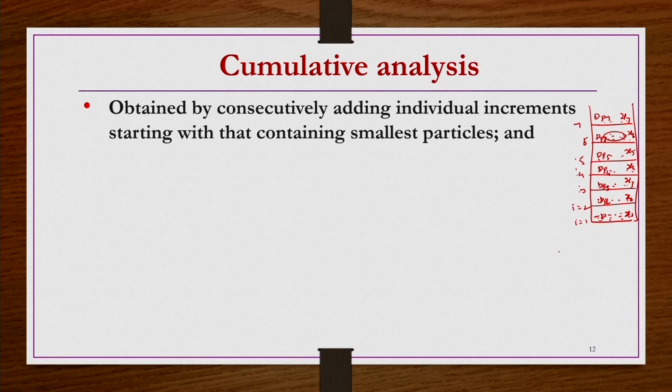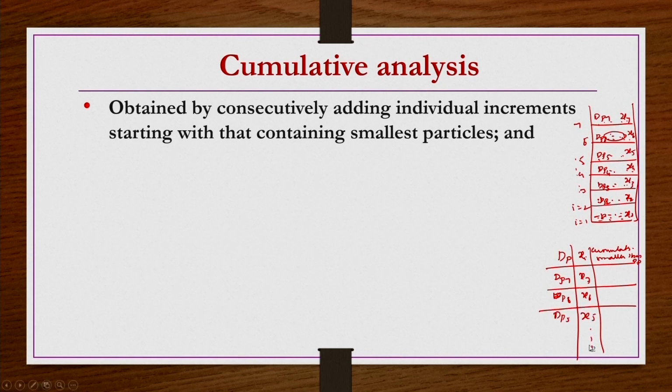So, against x_7, the cumulative fraction smaller than dp, let us say. This is dp. So, first one is dp_7, and then here you have this x_i: x_7, x_6, dp_5, x_5 and so like this.